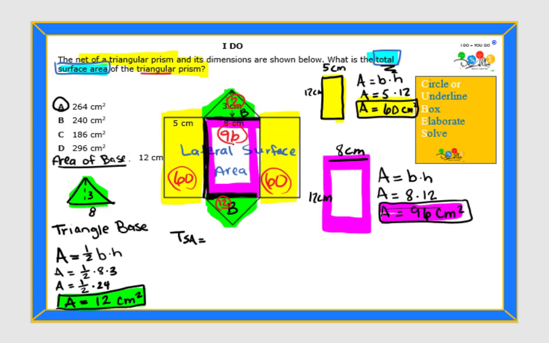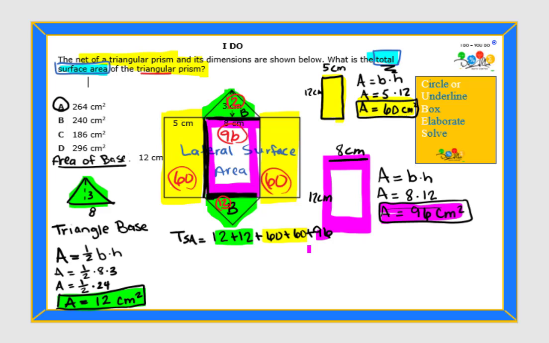So to find the total, we're going to add everything up. So I have 12 plus 12 plus 60 plus 60 plus 96. Now remember that the 12s are from our bases, the 60s are 2 lateral faces, and the pink 96 is the other lateral face.